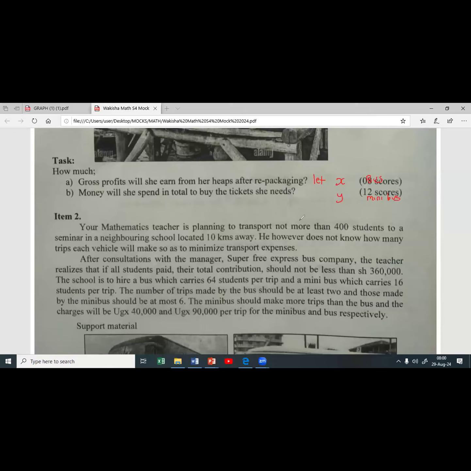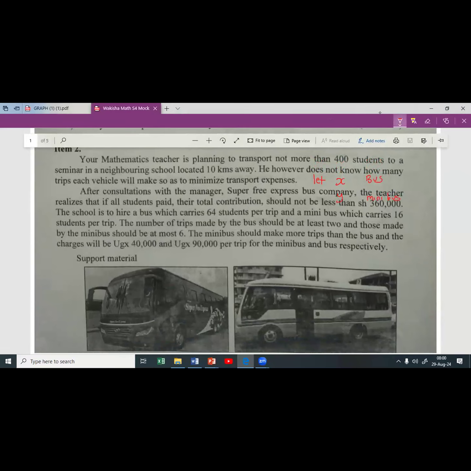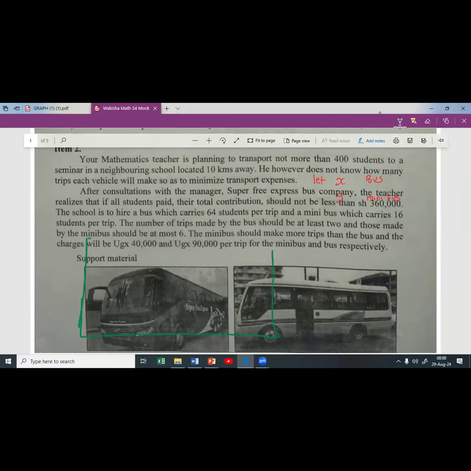Then I told you that you can summarize it in a table. So allow me to use this space, and let me use this pen here that writes. Sorry, I know it's not the best. So I have the bus and I have here the coaster or the minibus.